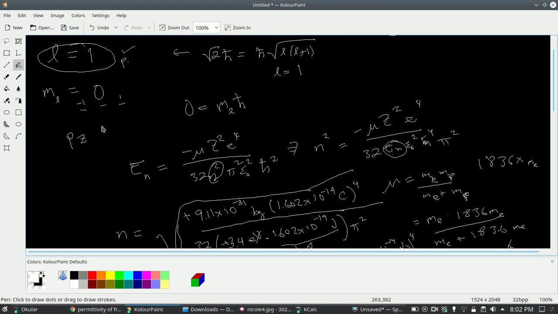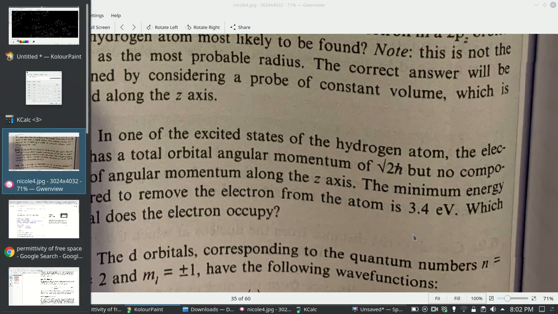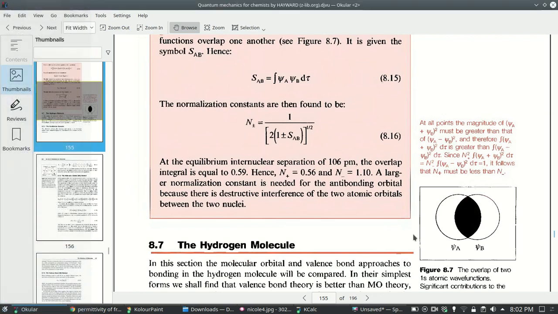So I believe the correct answer is 6pz, and that's it for number 6-8. The book said it was 2pz, but there's no way it's 2pz.